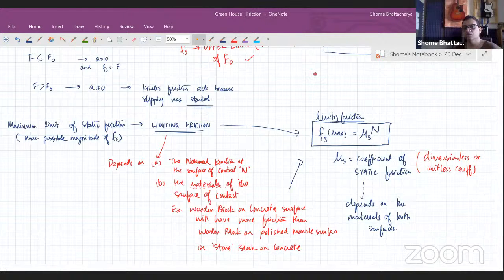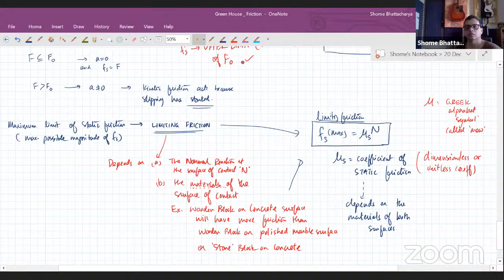Yeah, this symbol is called mu. This is the Greek alphabet or symbol called mu. And N, I've already told you what it is.